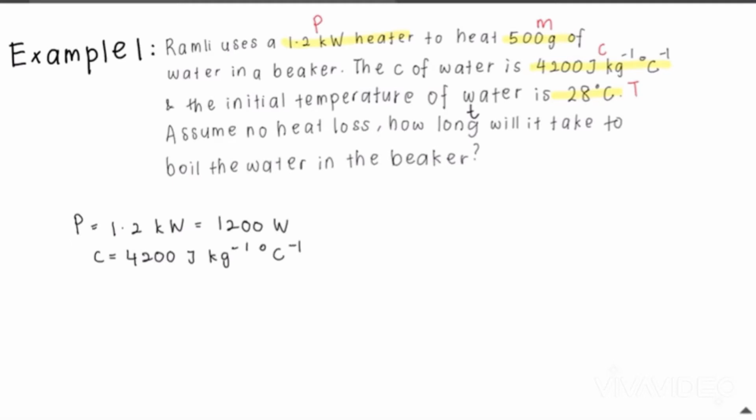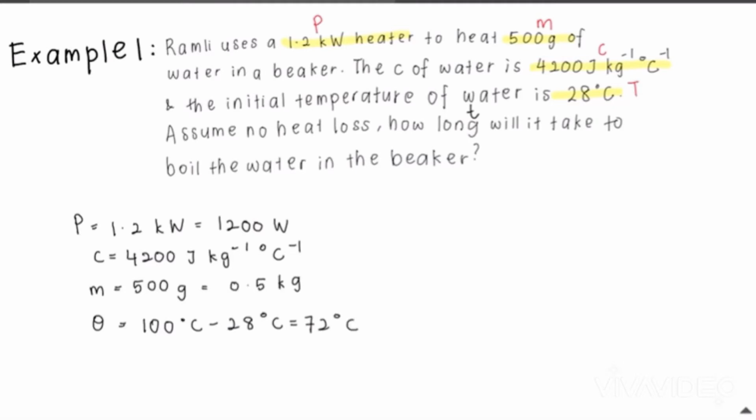And then the mass of water is 500 gram, so we change it to the SI unit, 0.5 kg. And then the change in temperature. You know that when you want to boil the water, the final temperature will be 100 degrees Celsius minus the initial temperature, which is 28 degrees Celsius. You will get 72 degrees Celsius.